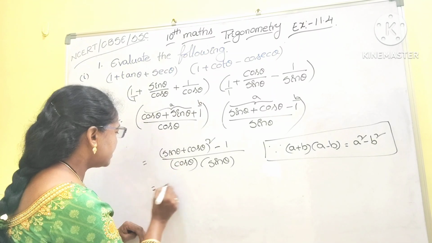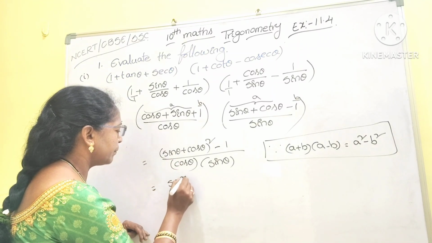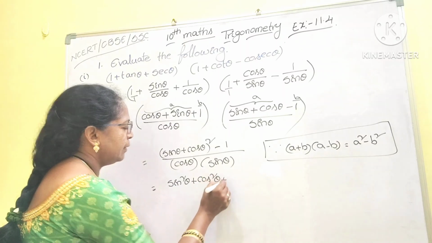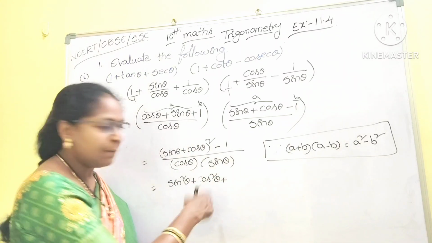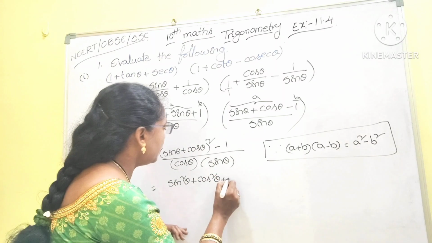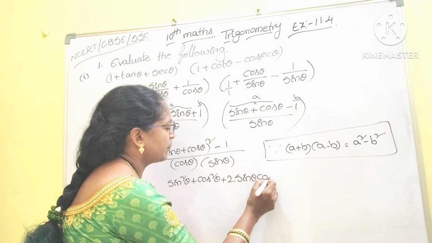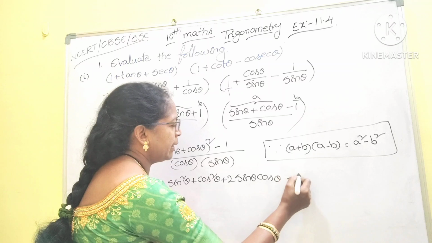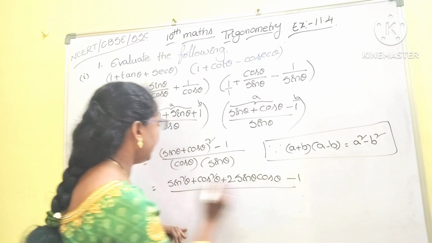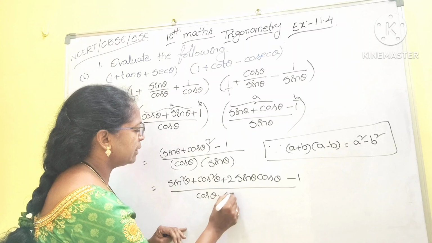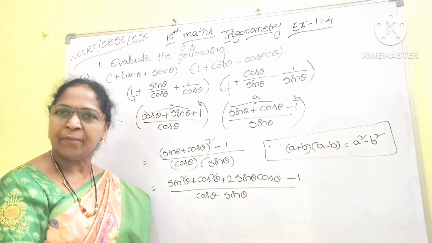So sin square theta plus cos square theta, plus 2 sin theta cos theta, minus 1, divided by cos theta into sin theta, or sin theta into cos theta, any one you can write.